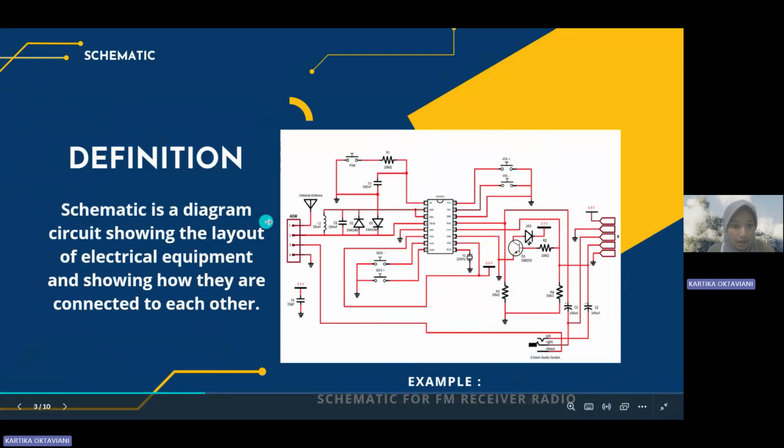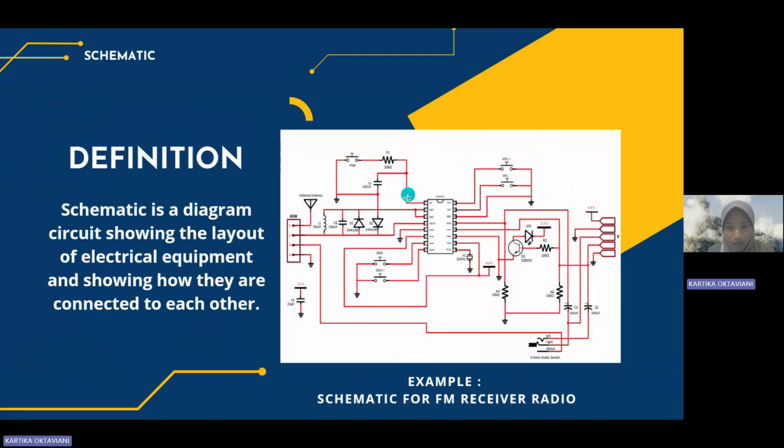We can see the layout of electrical equipment. This is a resistor, this is a capacitor, and this is a diode, and we can see how they are connected to each other, right?